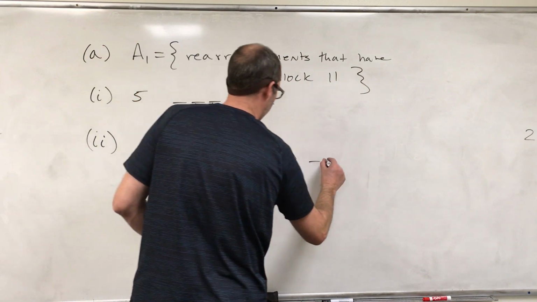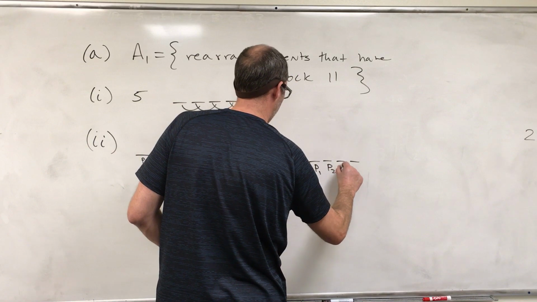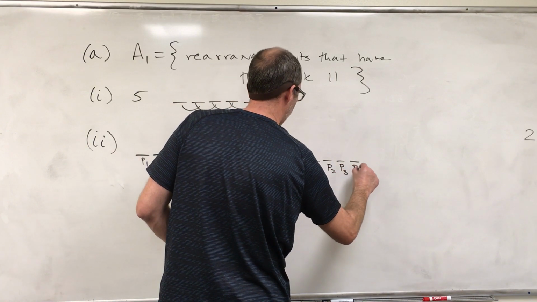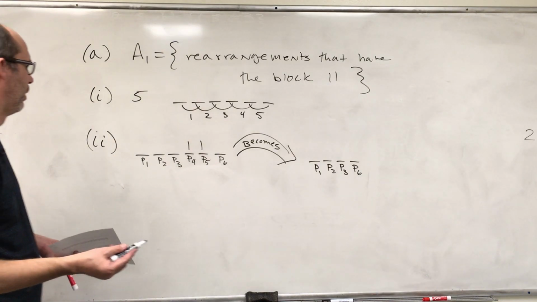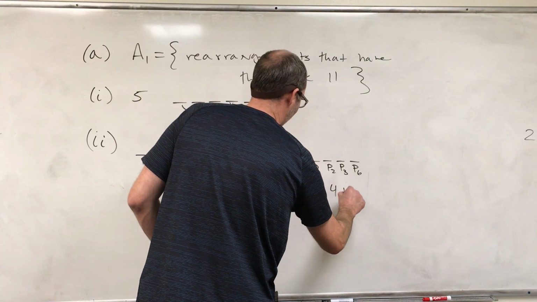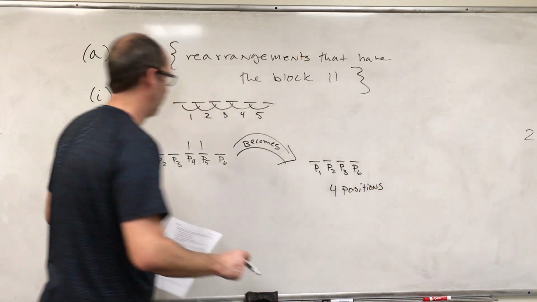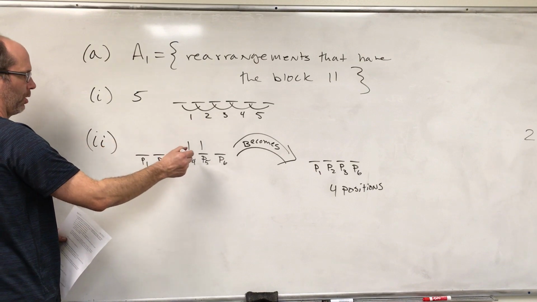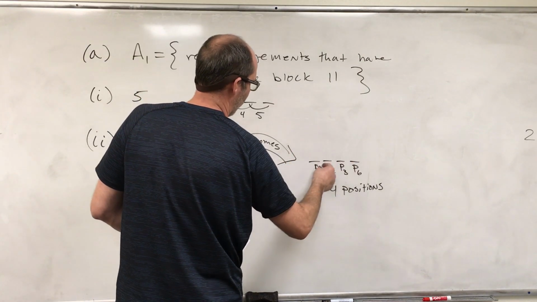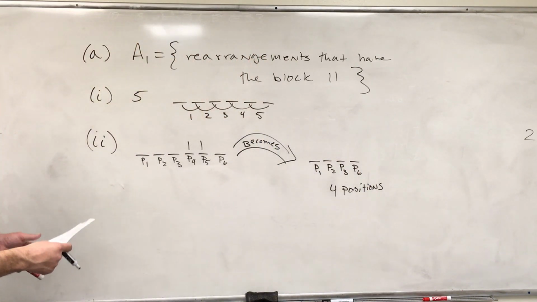Here we really just have 4 positions, because once we decide where the block of 1s goes, it occupies positions 4 and 5. So we have positions 1, 2, 3, and 6 left. Those are the 4 positions we have left.